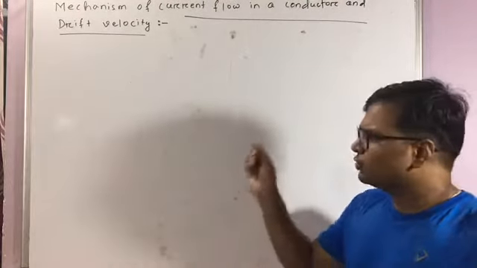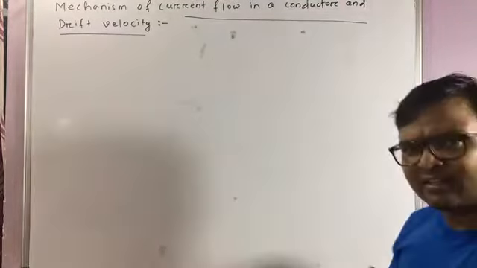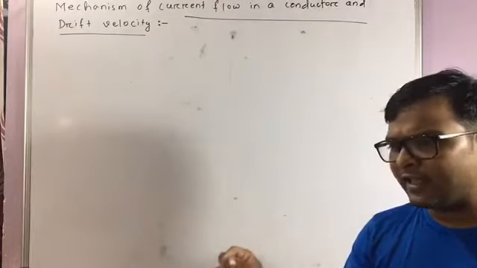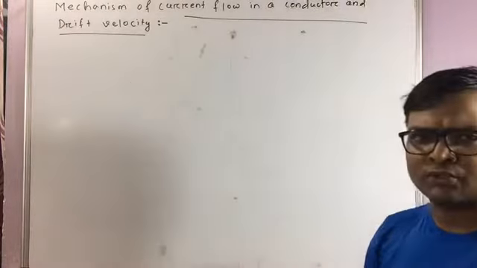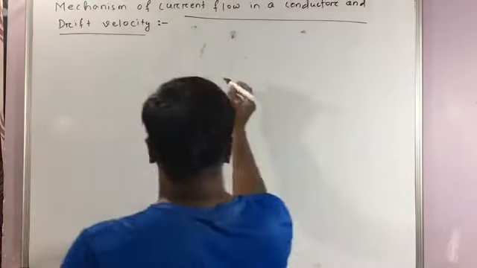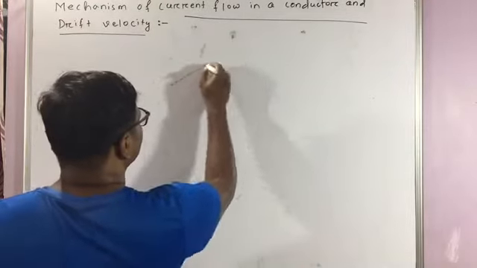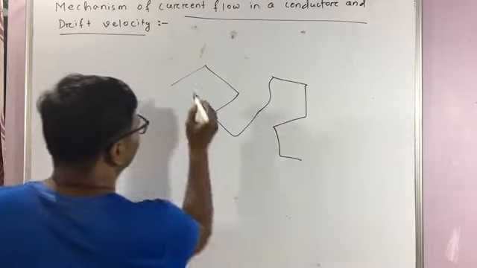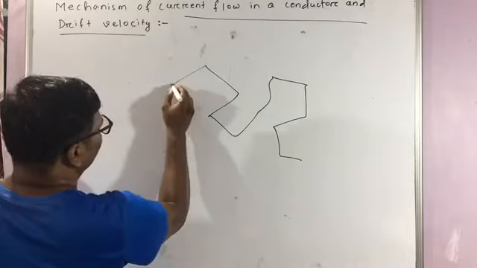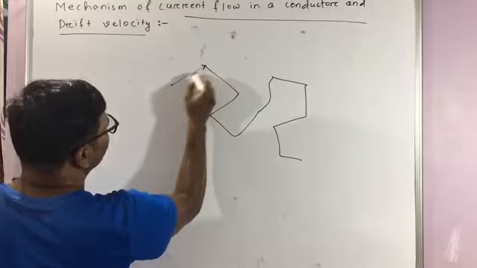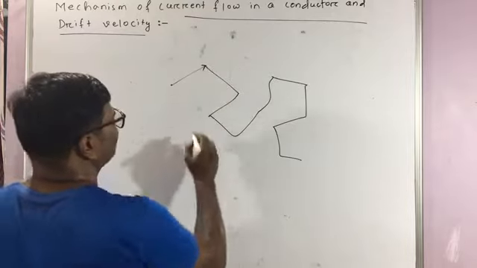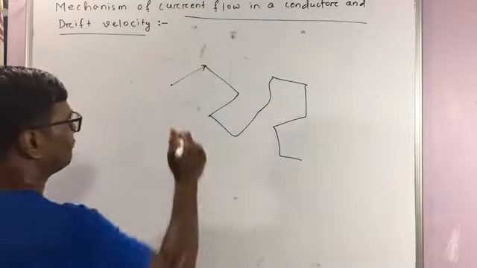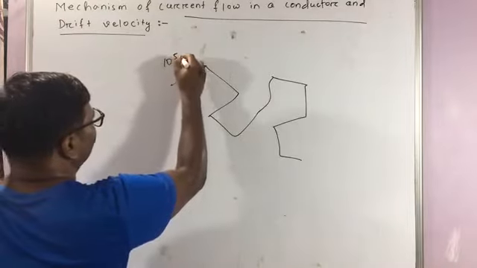When electrons acquire thermal energy they are in a state of random motion. If you see the path of an electron inside a conductor, you will see random motions like this. From here to here, the electron moves in a straight line with a speed of the order of 10 to the power 5 meter per second.